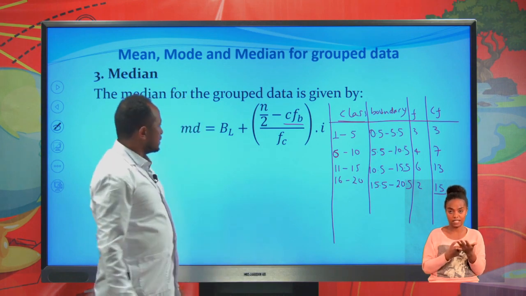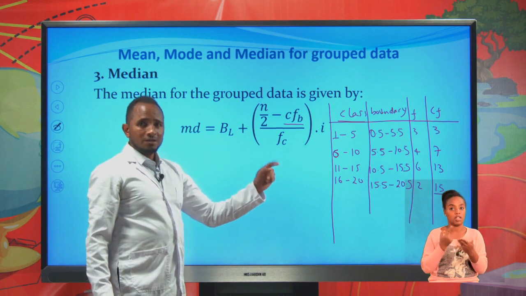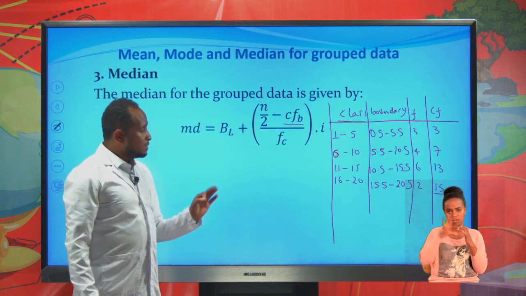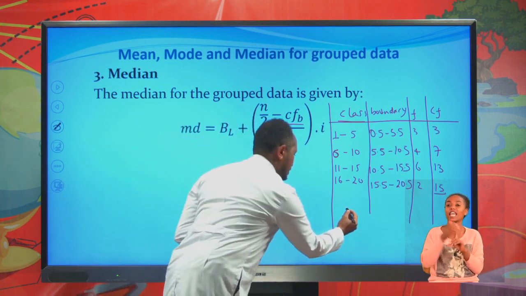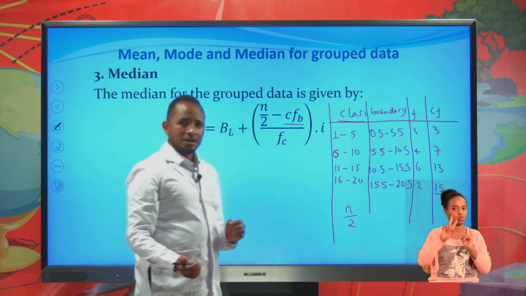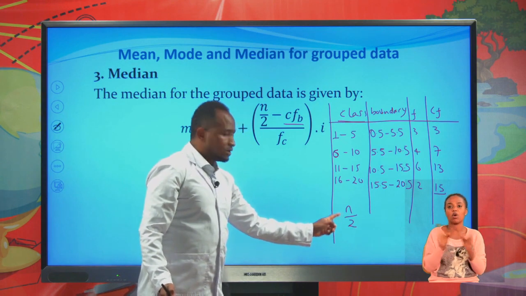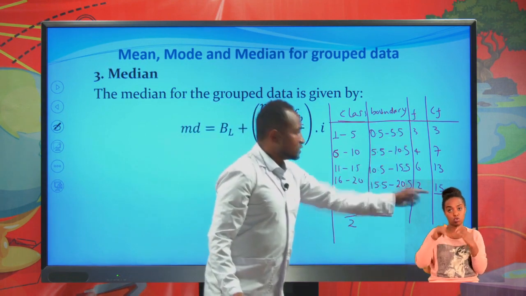After this, to apply the formula, first we need to find the median class. The median class is obtained by dividing n by 2 and taking the least cumulative frequency which is greater than this value. Here the total data set is 15.